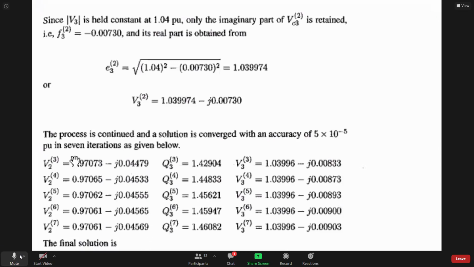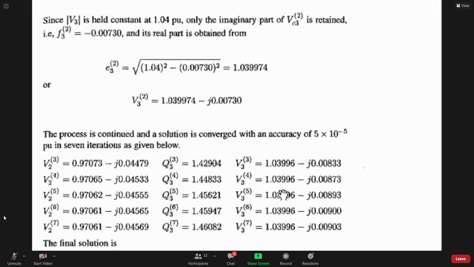No need to show that. Your result will be the ultimate V7, V27 or V37, like this, and the accuracy limit is 5 into 10 to the power minus 5.